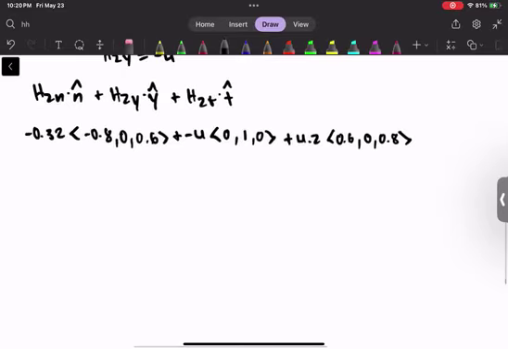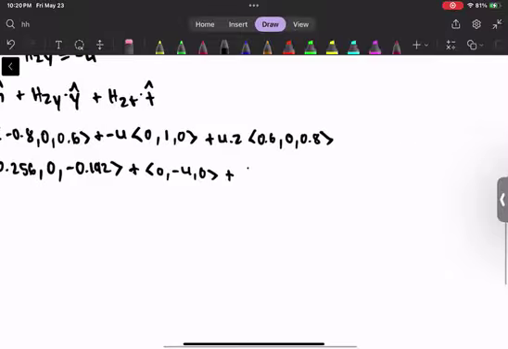You multiply this out, and it becomes 0.256, 0, negative 0.192. So we have to add all these vectors up, and this is going to sum up to our final H2 vector: 0, negative 4, 0, plus 2.52, 0.